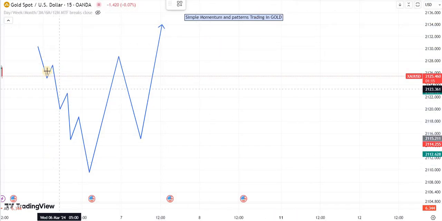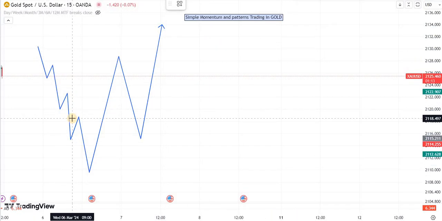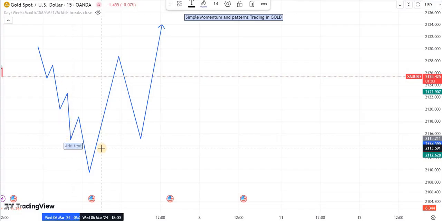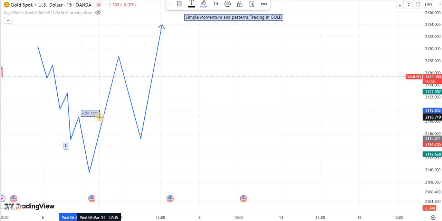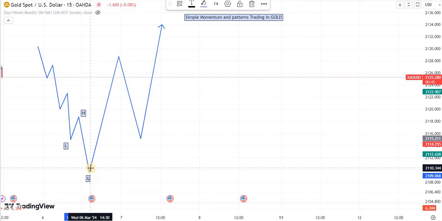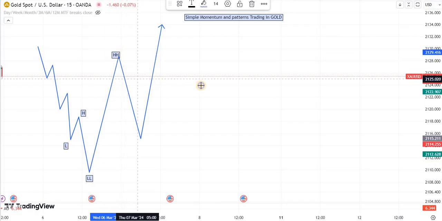So let's see. This is price action coming to us on the downside. I'll also be giving you price action for free, absolutely for free. So let's go over here. This is a low, this is a high, low, high, low, low, and then a high, high.